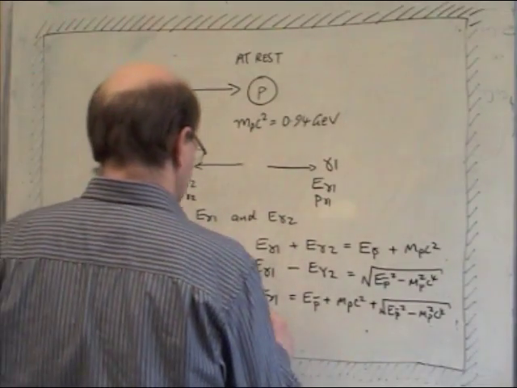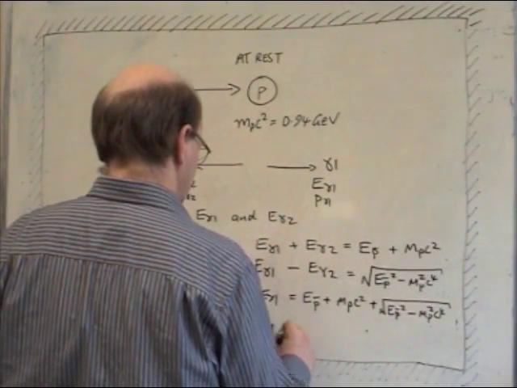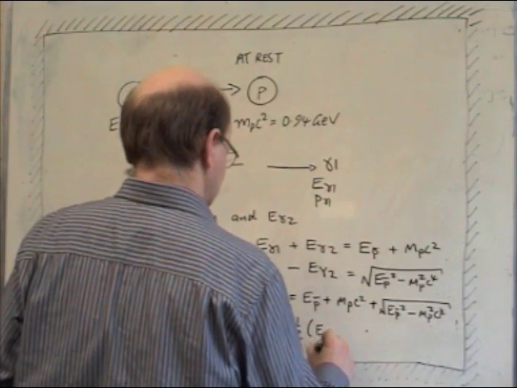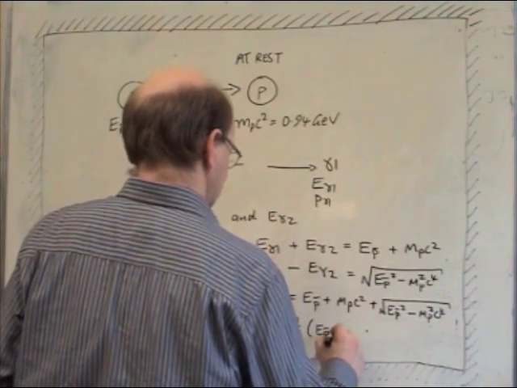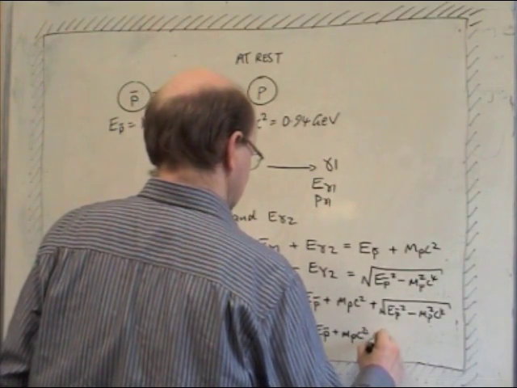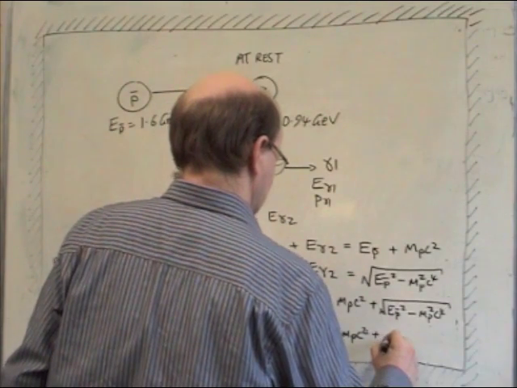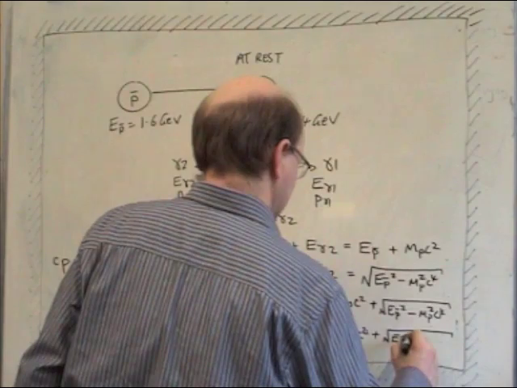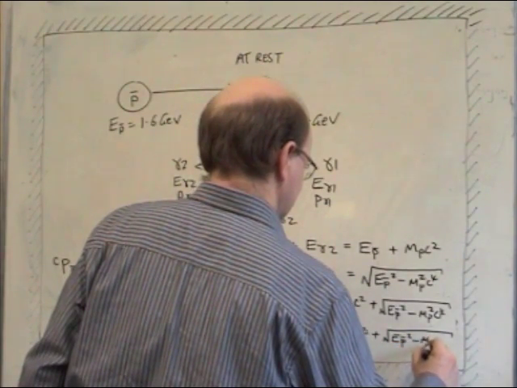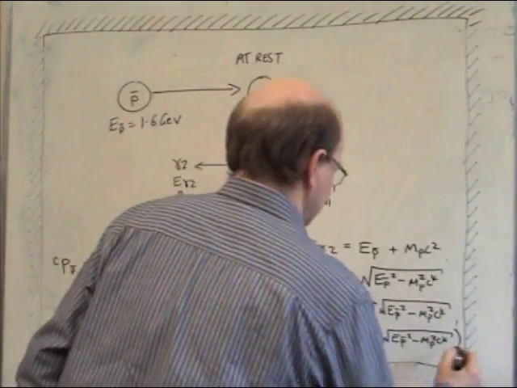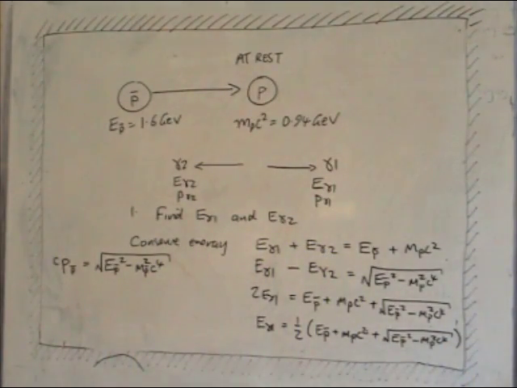And so that means that the energy of gamma 1 is equal to 1/2 of this expression. Let's not put in any numbers yet, let's just leave that expression up there.